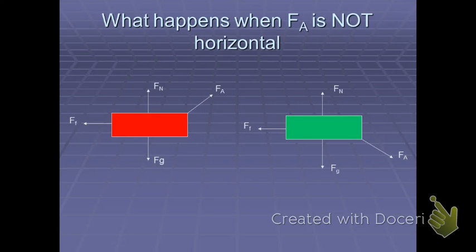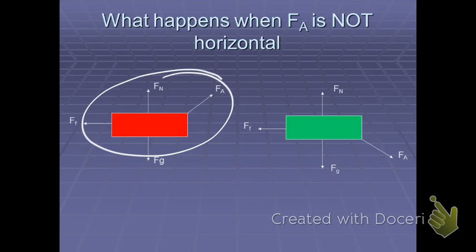Now we have two situations when the applied force is in a direction that is not horizontal. So in one situation, which is looking at the red, we have an applied force that is pulling in an upwards direction.